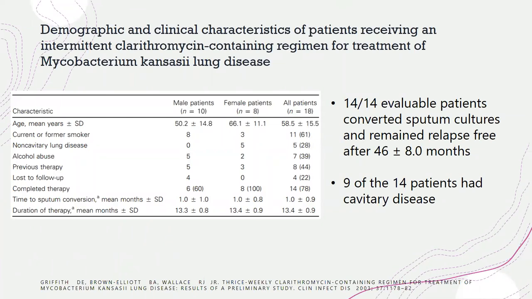Very small studies, obviously, in these patients with non-tuberculous mycobacteria, but in this study with 14 patients, all 14 converted sputum cultures and remained relapse-free after 46 months. Even a subset of those patients had cavitary disease. Actually, a majority of those patients, 9 of 14, had cavitary disease. And still in those patients, when you use this intermittent therapy, it was highly, highly effective.